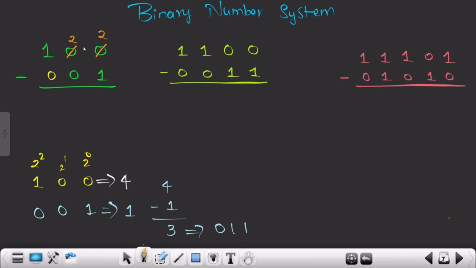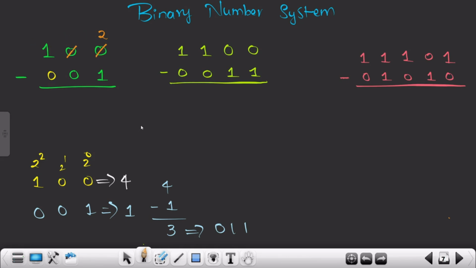Obviously you cannot borrow from this particular 0, because it is already 0, and you cannot write negative numbers in binary numbers, I mean in digital electronics. So this would be 2, because it will borrow one from this particular one. This would be 0.